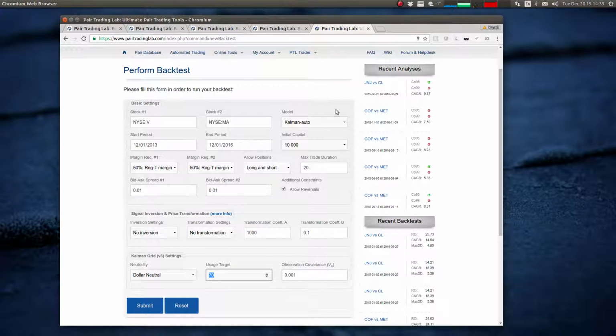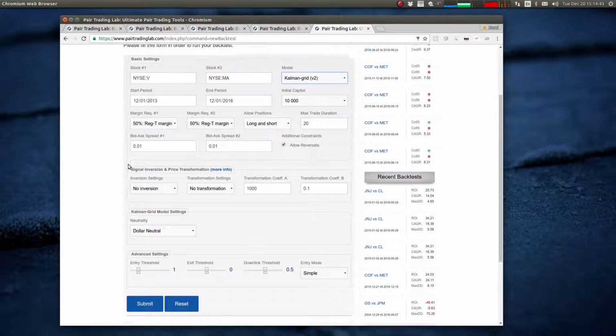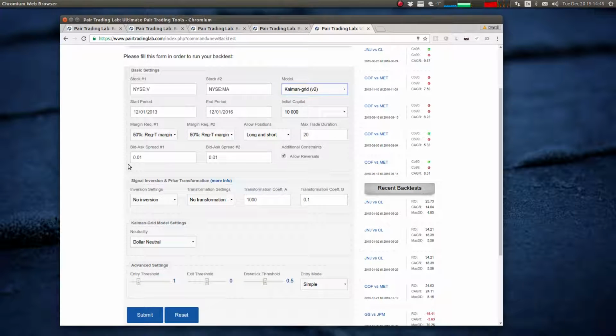There is one more model we have. It's called Kalman Grid version 2. This model, compared to Kalman Auto, is more complex. This model doesn't optimize for some usage target, but it just tries to optimize for the best performance.